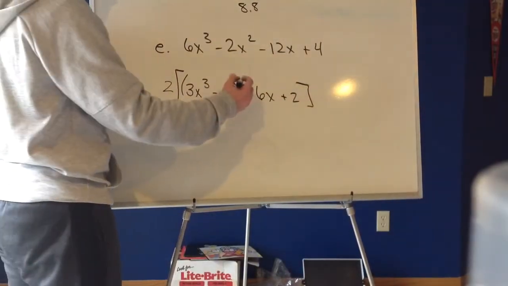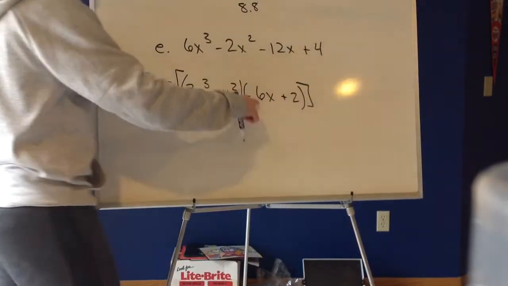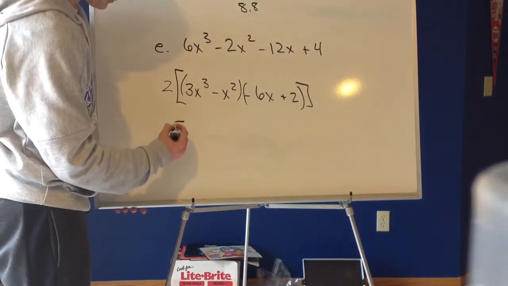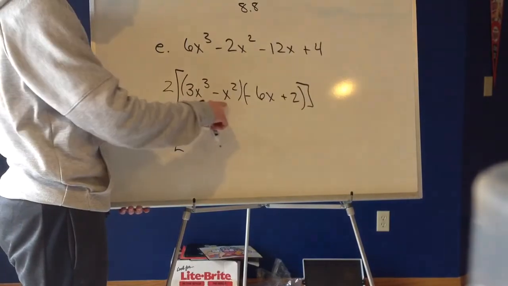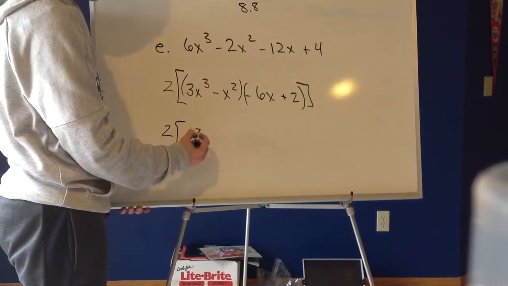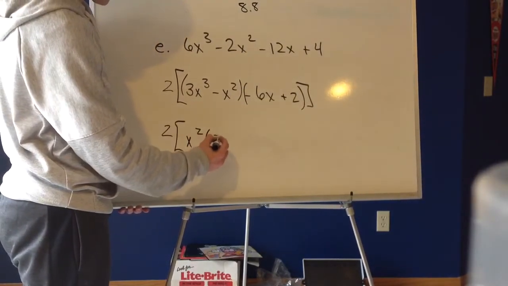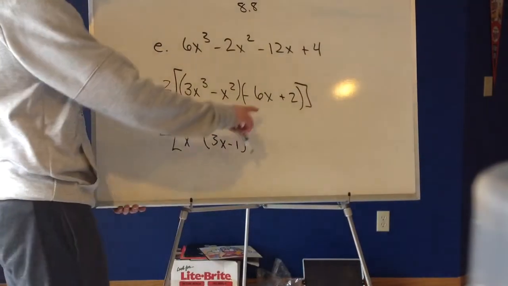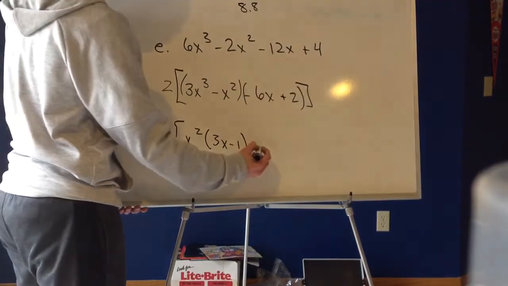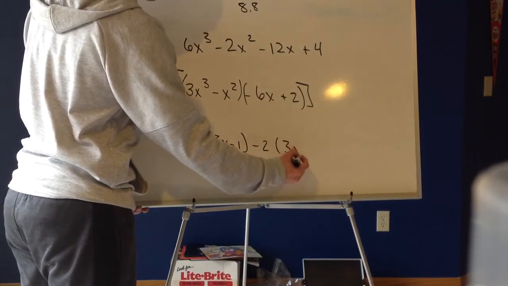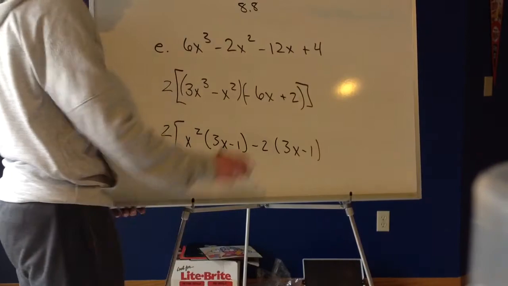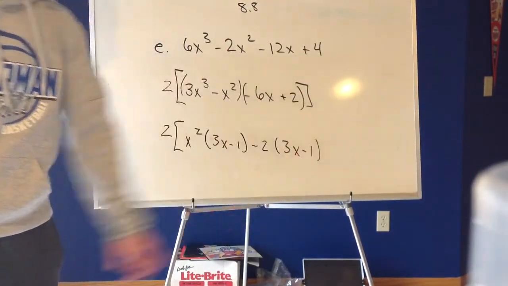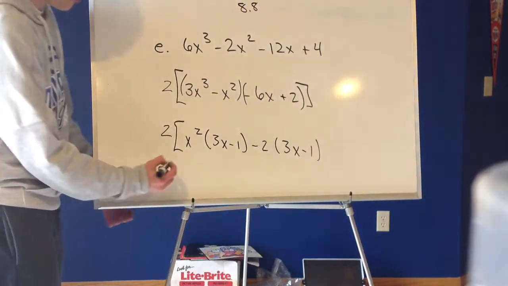After that we can go ahead and group, again making sure that negative goes in that set of parentheses. I have a GCF of x squared here. I have a GCF of -2 here. Again, we'll change both of the signs, which then does make these match up with each other the way that they need to.